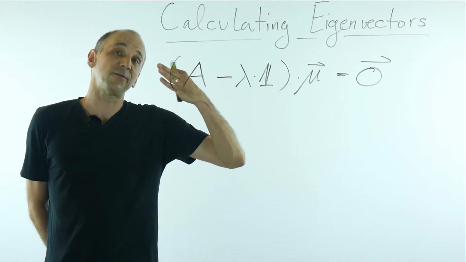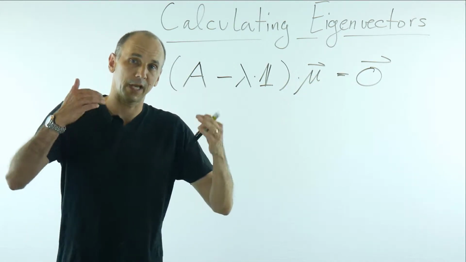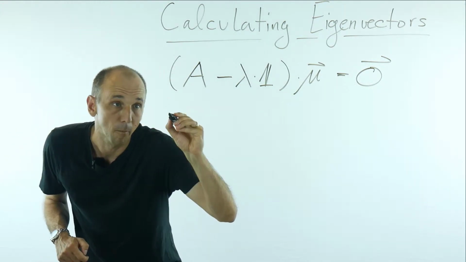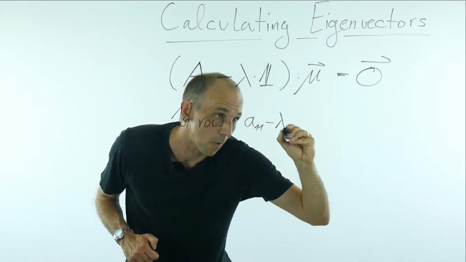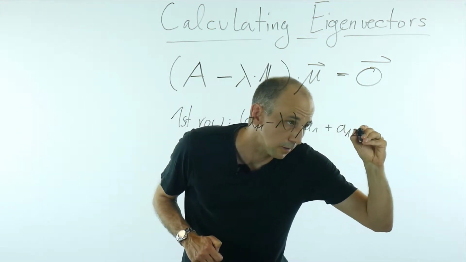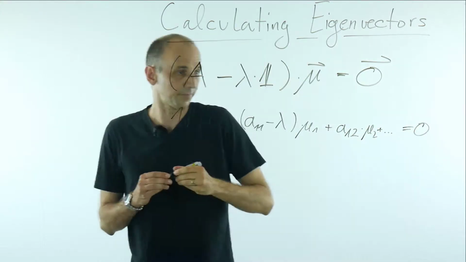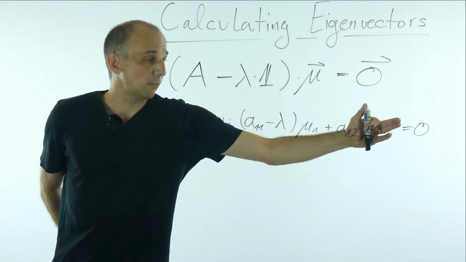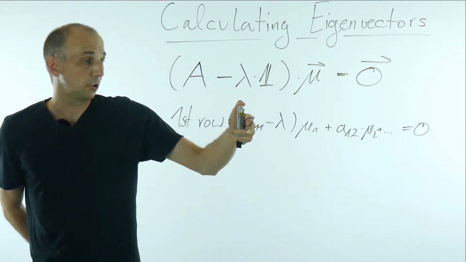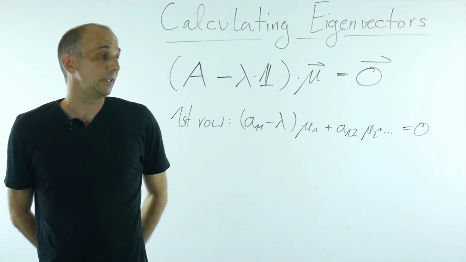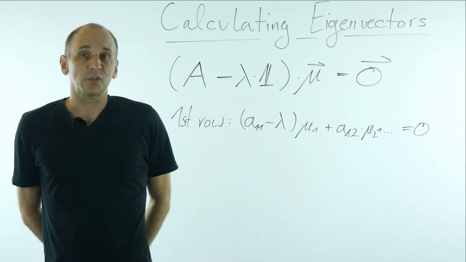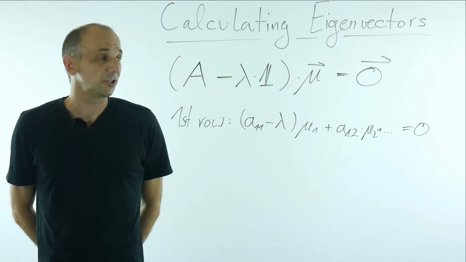Let's just look at the first row of it, and then you will have an idea how the other rows look like. You see that you will have one lambda, which is a number which we know, we can put this in, and we have the a's which we know and can use, and as unknowns we have the coefficients of the mu.